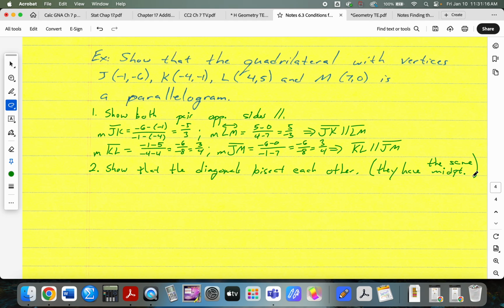If they have the same midpoint, then they're cutting each other in half. So the midpoint of segment JL, and again, that's a diagonal because I'm not going consecutively. That's going to be -1 plus 4 over 2 and -6 plus 5 over 2, which is 3/2, -1/2.